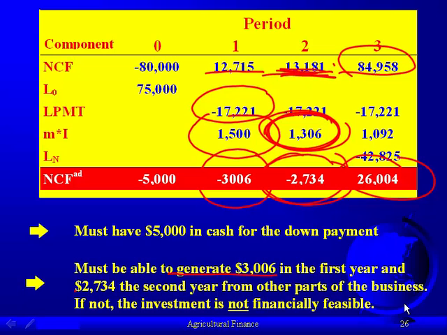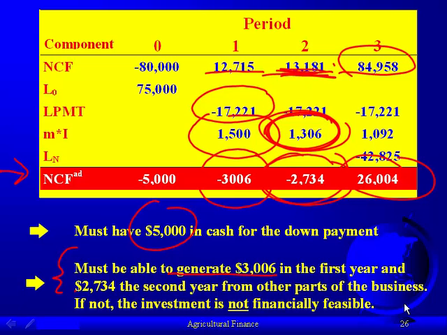Now, if in this case you can't generate enough to cover those deficits, then you wouldn't take on this investment. Or if you don't have $5,000 in cash for the down payment, you wouldn't cover the investment. Now the next question is, how do you know whether you're going to have surpluses from the other parts of your business, from your accounting classes?